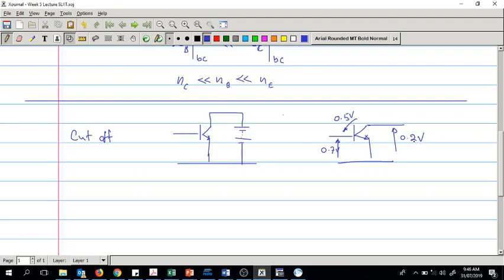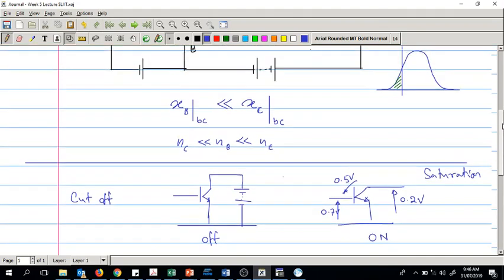Here it's around 0.2, 0.3 volts, but considering switching applications, for around 10 volts, a 0.2 drop is negligible, right? So this can be considered as on. This is saturation. This is as on and this is as off, right? So these two are for switching operation, off and on operation.